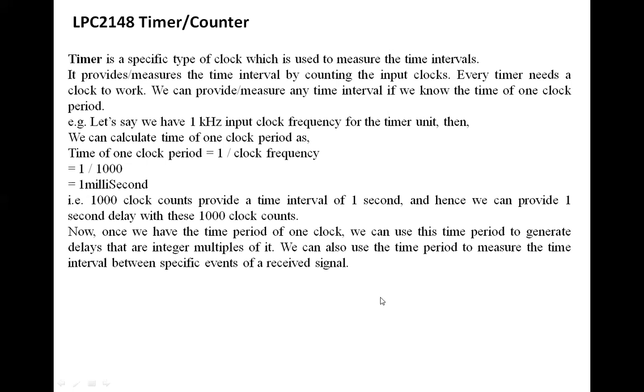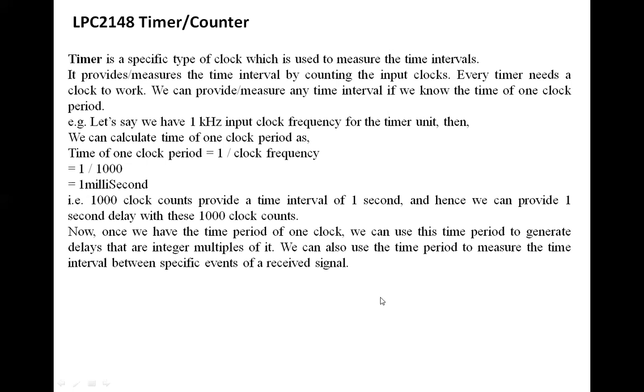Then we can calculate the time of one clock period. The time of one clock period is equal to 1 by clock frequency, so 1 upon 1000, which gives 1 millisecond. That is the time period of one clock.